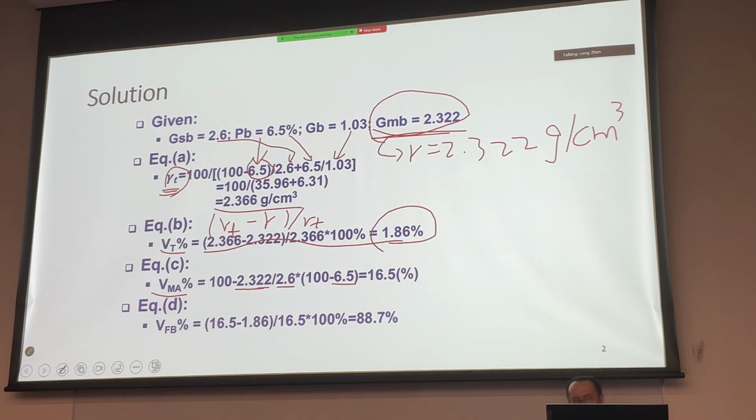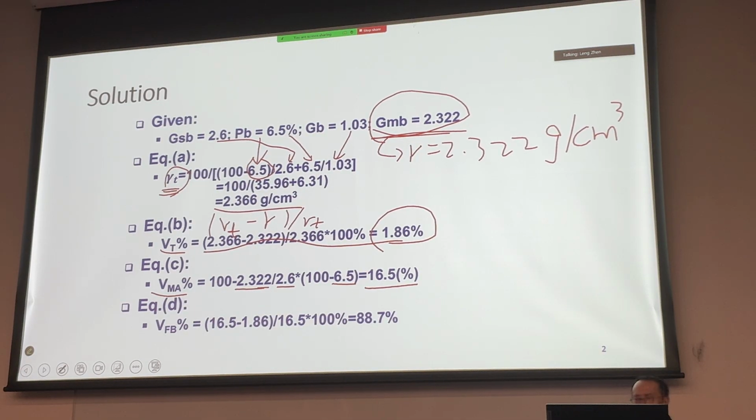You can check your slides for the equation, then you will be able to get the input values for each variable. And for this case, the VMA is equal to 16.5%.